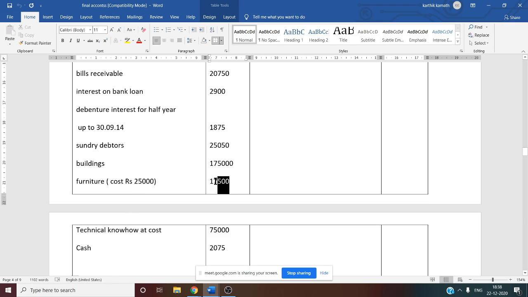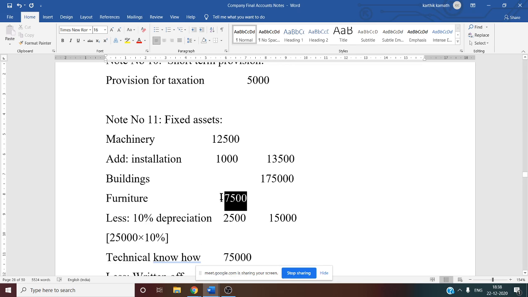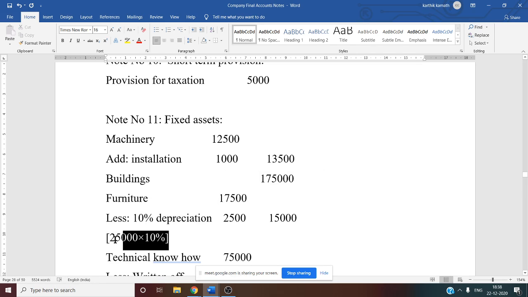We have written actual value 17,500 less 10% depreciation given in the adjustment. 25,000 into 10% is 2,500. So the final furniture value is 15,000, written in the outer column.